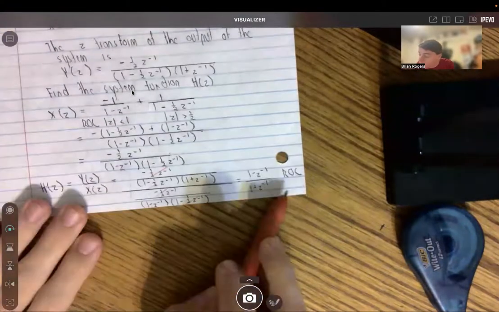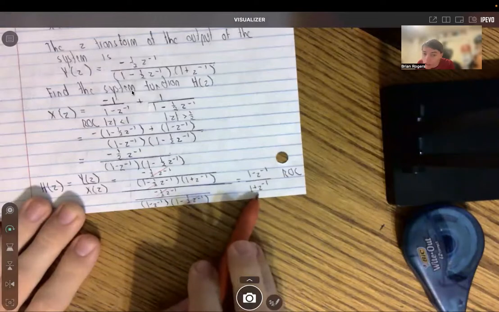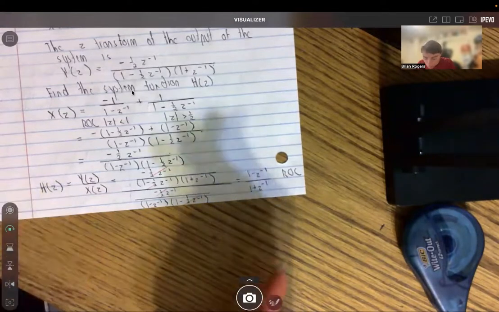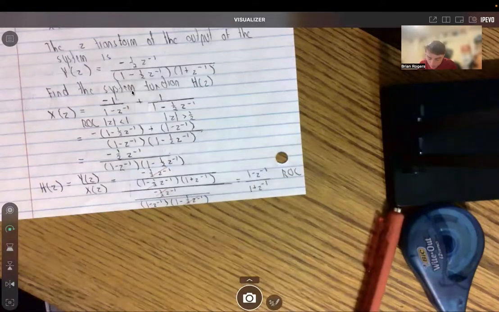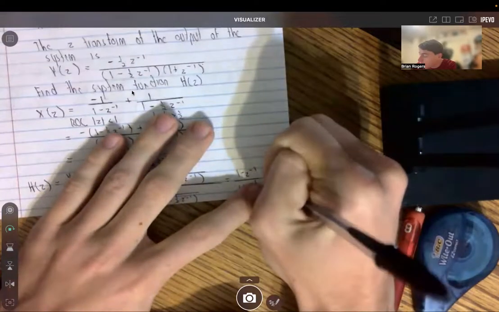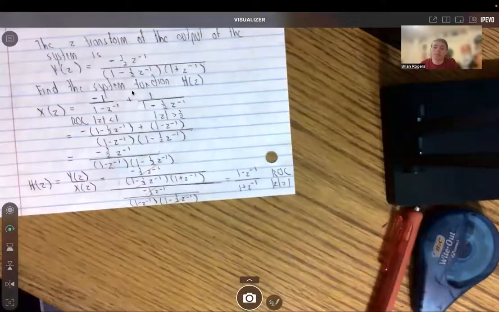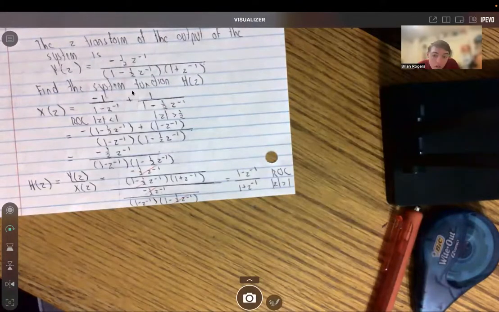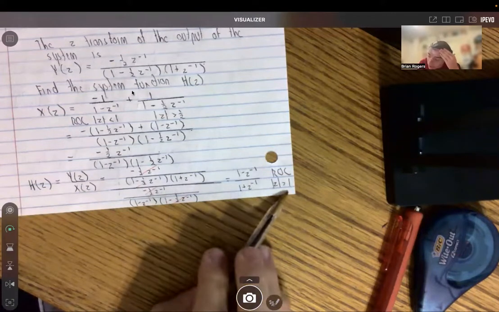And so for our region of convergence, Z must be greater than 1. Because they specified it was causal, it has to be the exterior of a circle.